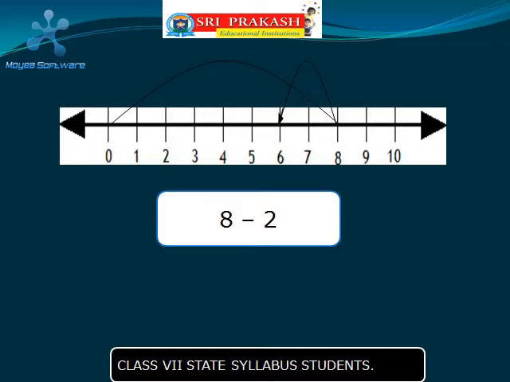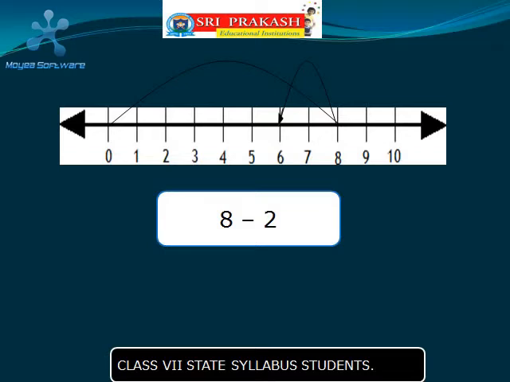The first number is 8. So we should move towards right hand side by 8 spaces or 8 units. 1, 2, 3, 4, 5, 6, 7 and 8.